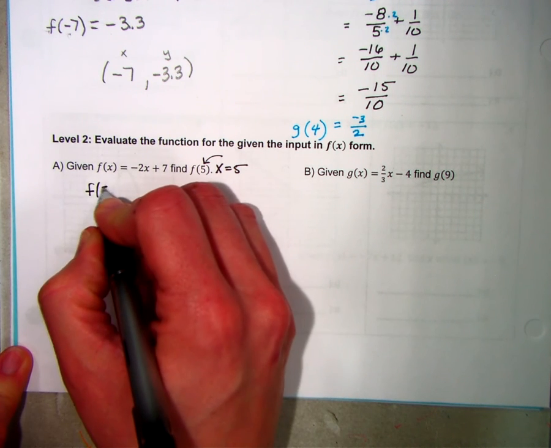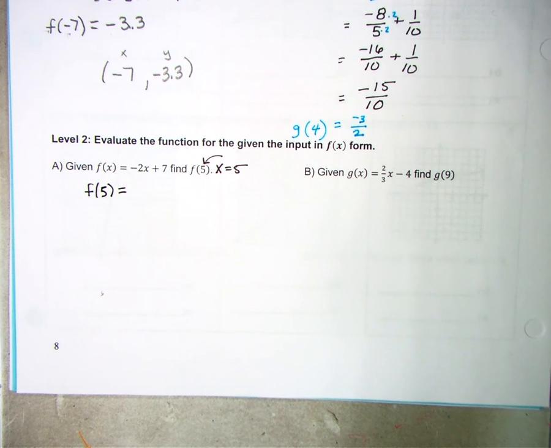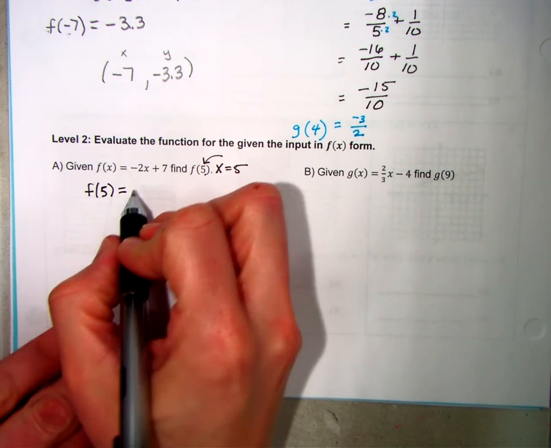So my function at 5 equals, and now you need to plug in 5. But you need to plug in that 5 and make sure that you know that that's what it's communicating. That's all you got to know. You got to know that that is telling you that X equals 5, and we plug it in.